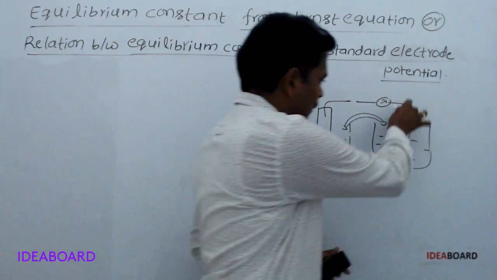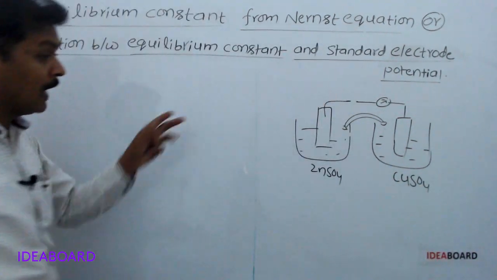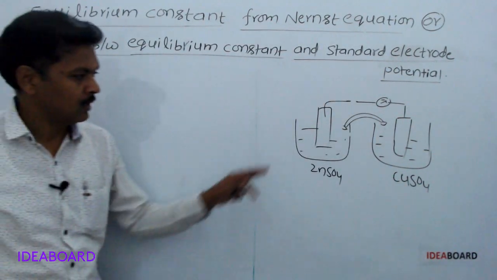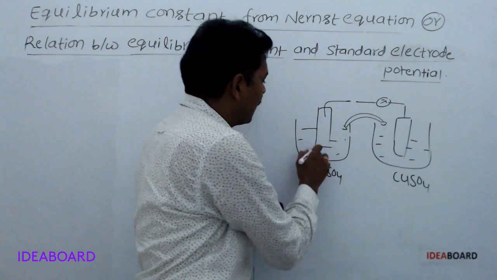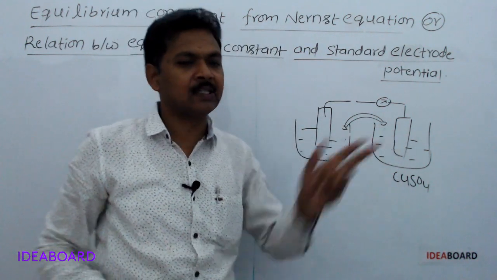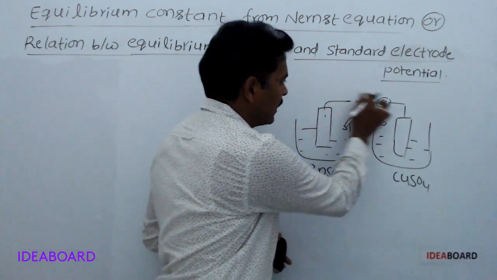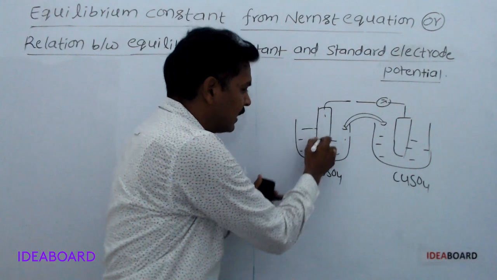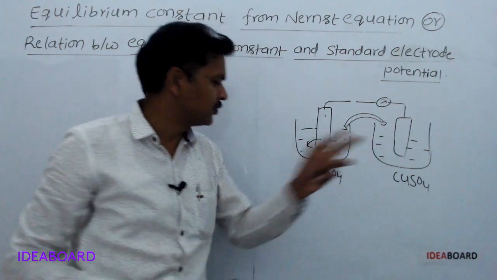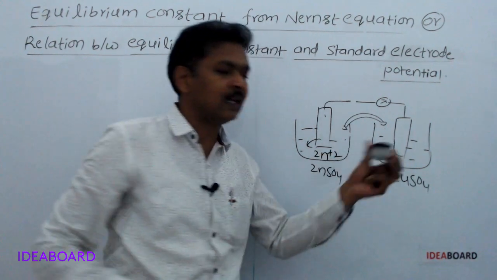Right hand side, copper rod is dipped in copper sulfate solution. As time passes, concentration of zinc ions in this half cell increases. So because this zinc rod loses electrons, those electrons will travel like this and zinc ions go into electrolytic solution. So as time passes, concentration of zinc ions increases.